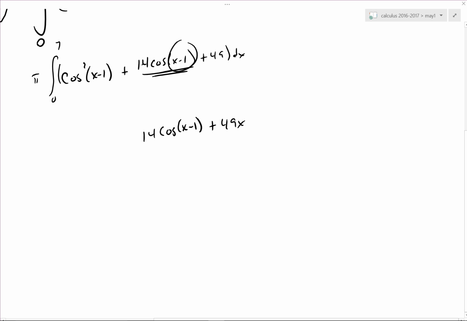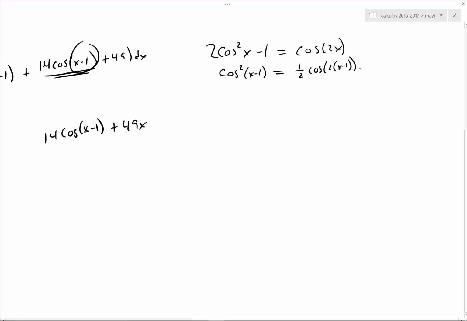Now, this one here is gross. A lot of you messed this up on the last test. Remember, 2 cosine squared minus 1 is equal to the cosine of 2x. So the cosine squared of x minus 1 is equal to a half cosine of 2x minus 2, plus a half.